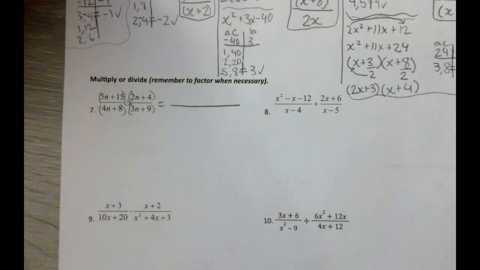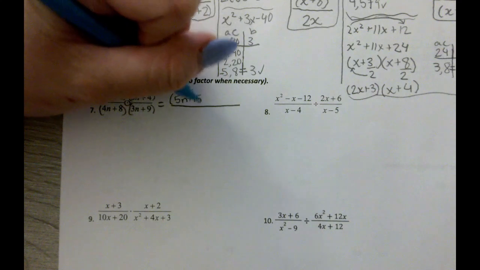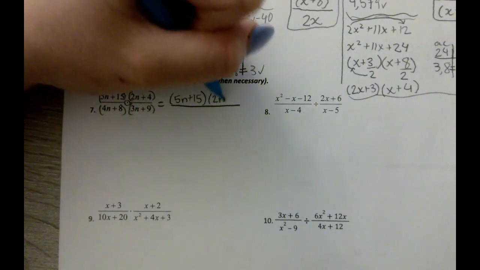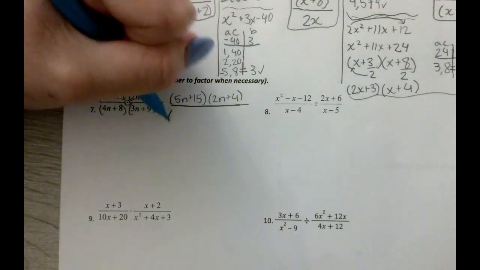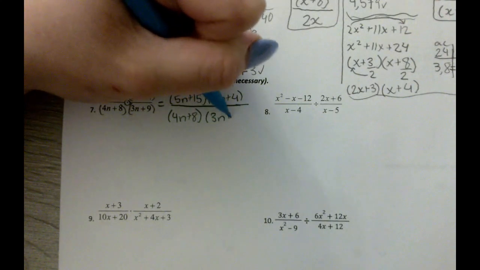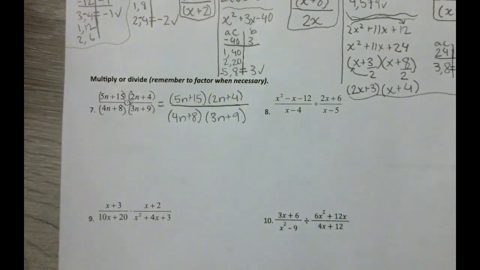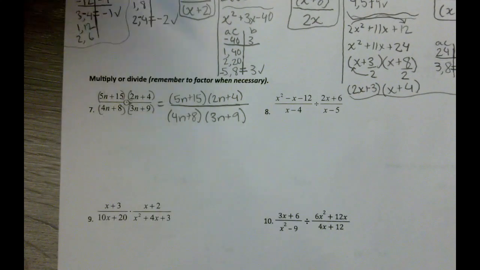All right, so we are going to quote multiply, which really we're just going to put them together into one fraction. So on the top we have 5n plus 15 and 2n plus 4, over 4n plus 8 times 3n plus 9. 5n plus 15, this is a GCF problem.